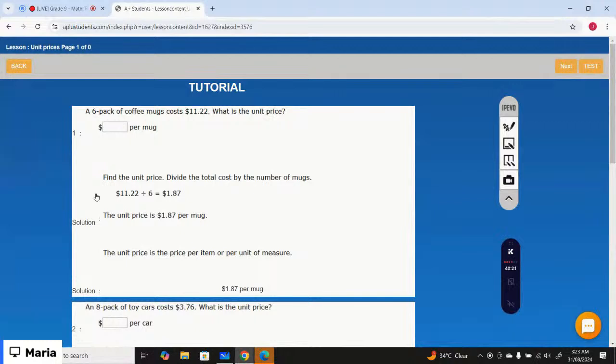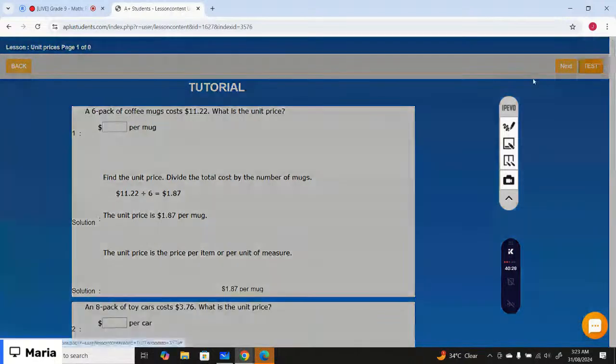You have to divide 11.22 by 6. So, for the unit prices, you have to divide. Let's just start with the test questions.